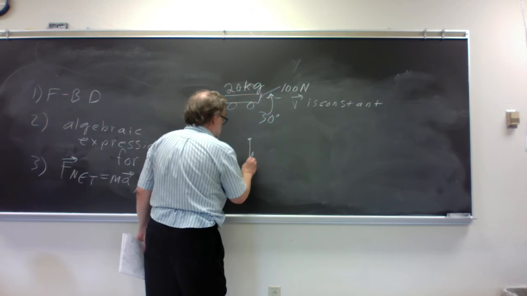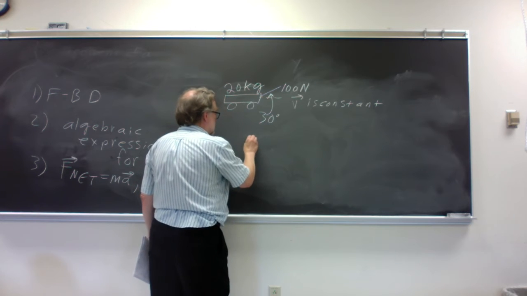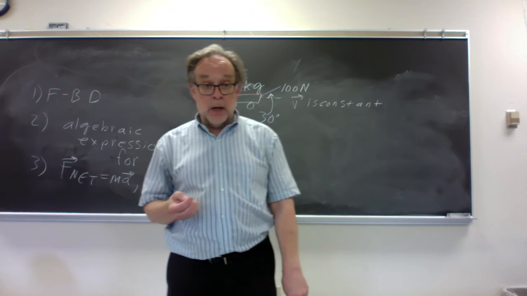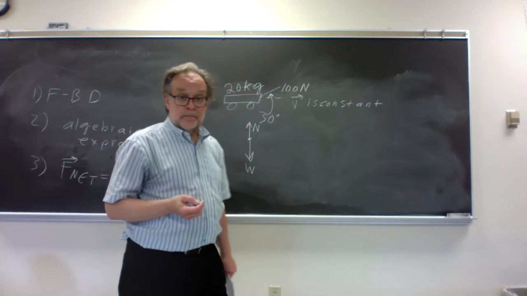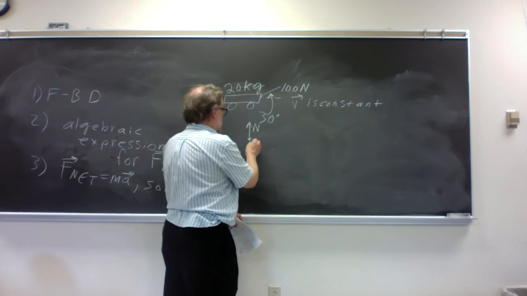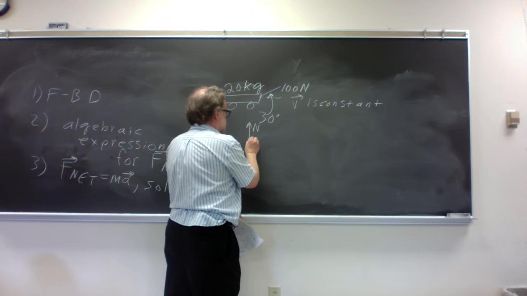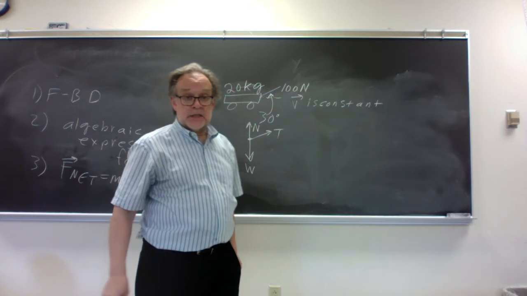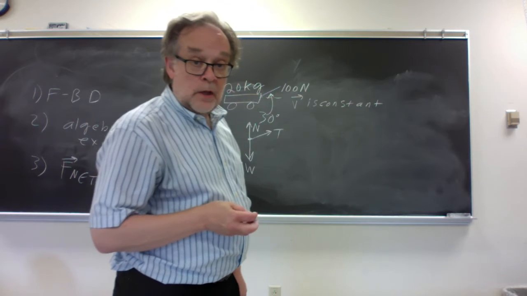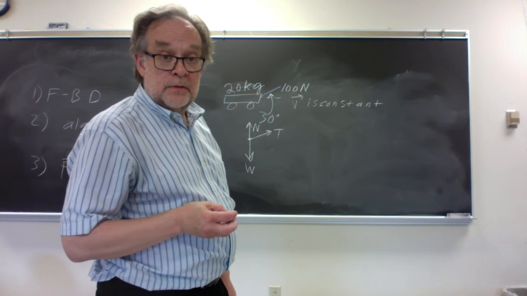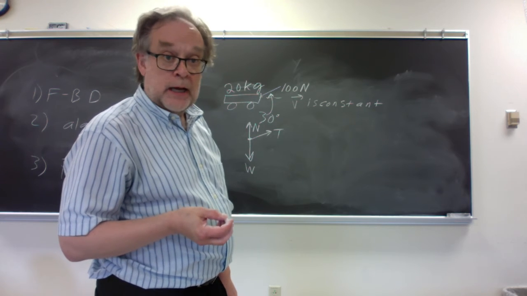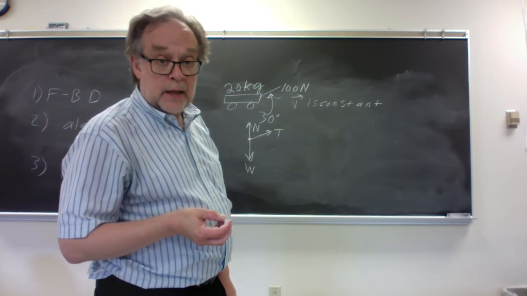So the other forces are the weight, and then a normal force from the ground pushing up on the wagon, and then tension in this handle that I'm pulling on, and in turn that handle is pulling on the wagon.